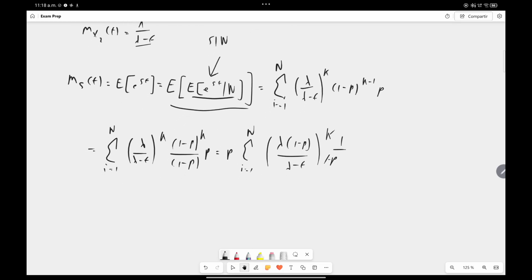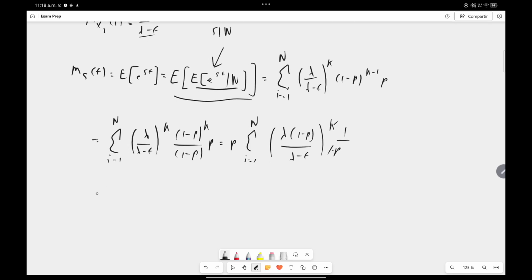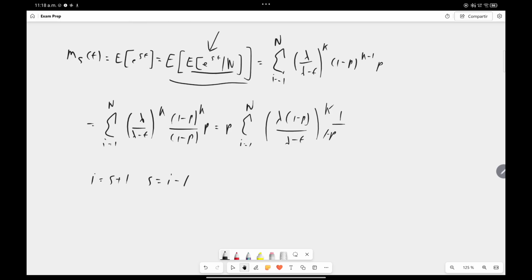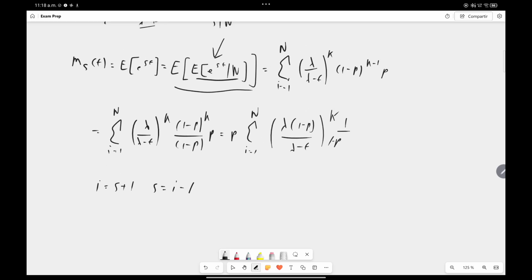And then we're going to do another algebra trick with summations. We're going to let i equal s plus 1. So then s equals i minus 1. Oh, in this case, it's k.